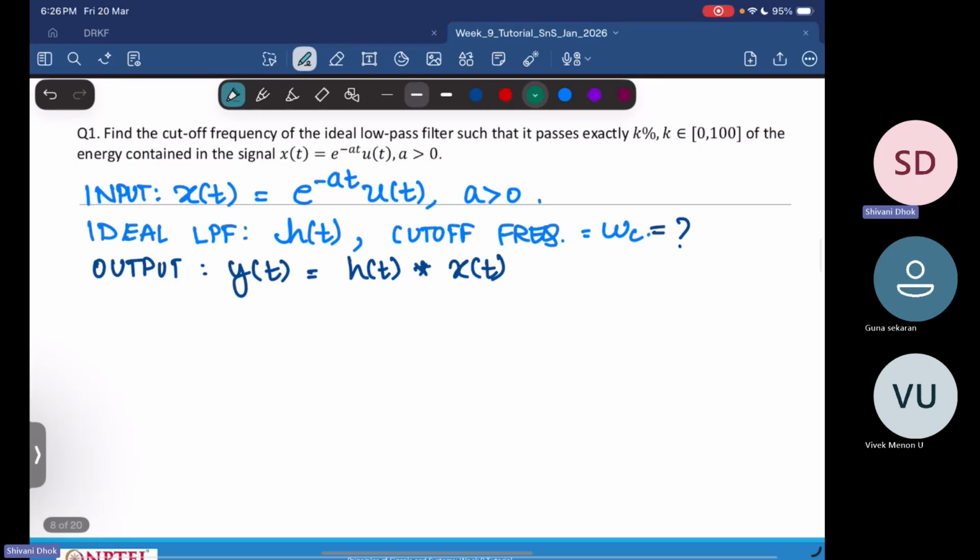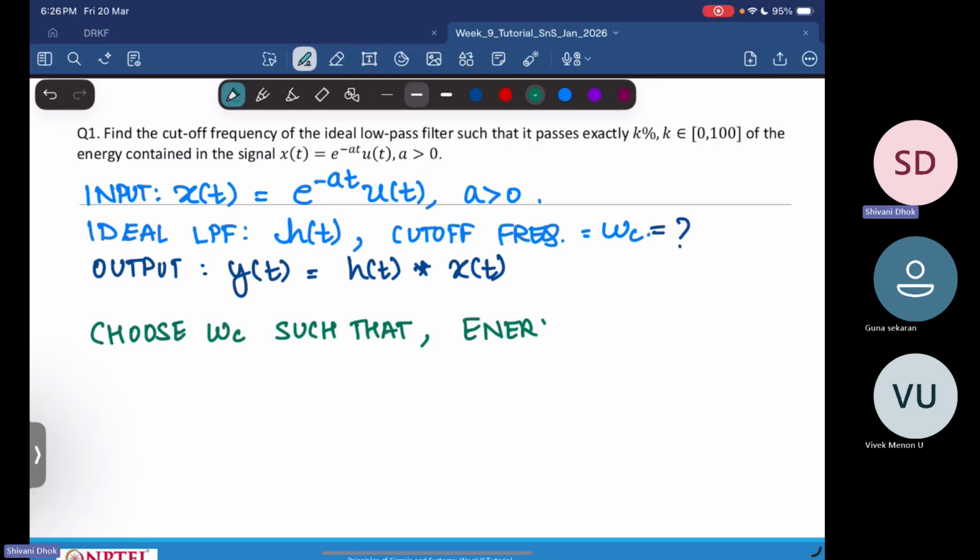So how do you want to choose this omega c? Choose omega c such that the energy in y of t is equal to k% of the energy in x of t.